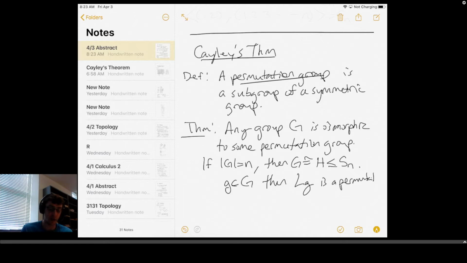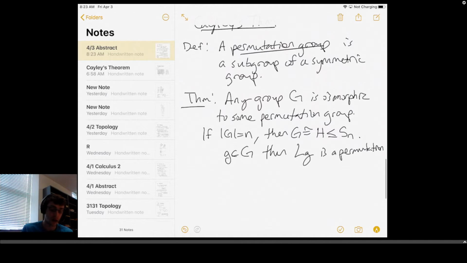Remember, a permutation is a one-to-one and onto function of the set G, where L_g of h is just left multiplied by g, so it's just gh. So it's kind of similar to what we did with conjugation, right? Except for here we're not doing the inverse on the right. It's just left multiply.